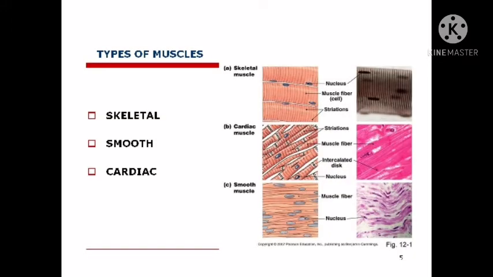There are three types of muscles: the skeletal muscles, the smooth muscles, and the cardiac muscles. The skeletal muscles are those muscles which are attached to the body skeleton, whether it is the axial skeleton or the appendicular skeleton.